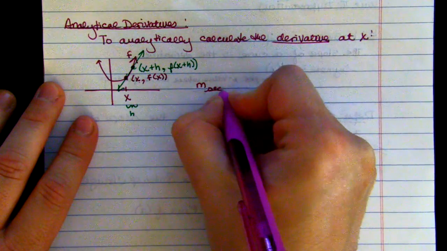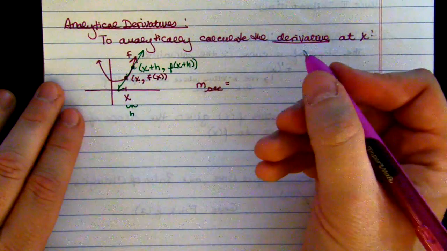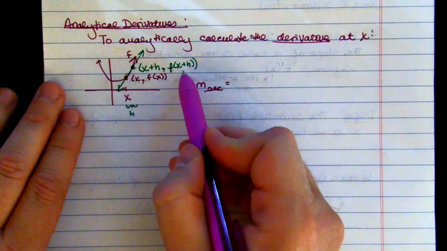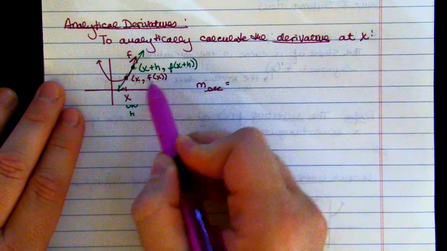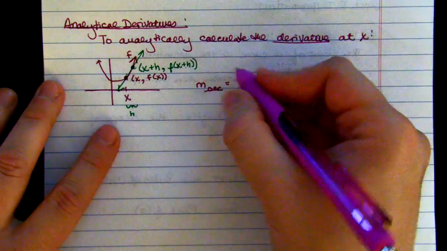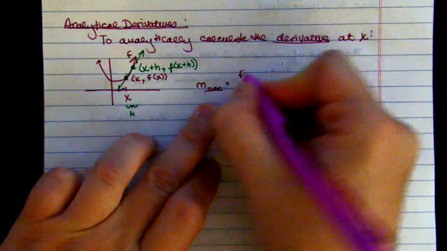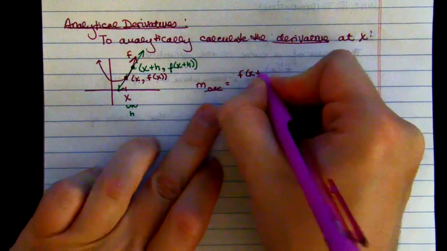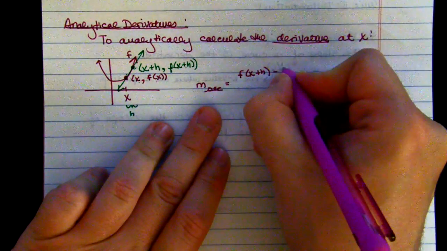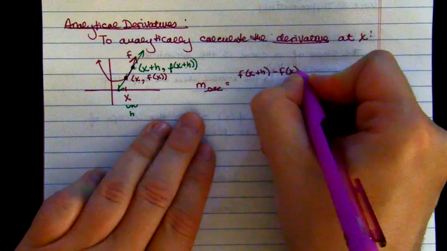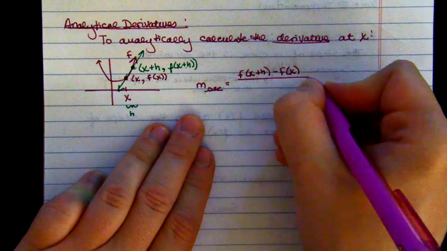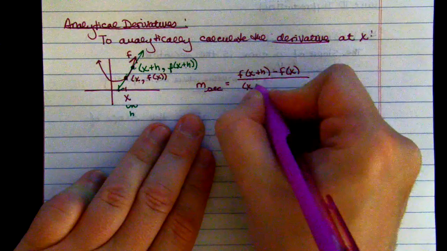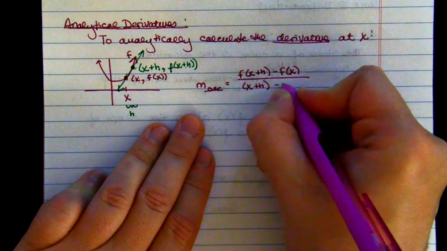The slope of my secant line is going to be, well, rise over run, or really probably y2 minus y1 over x2 minus x1. I'm going to get f of x plus h minus f of x over x plus h minus x.